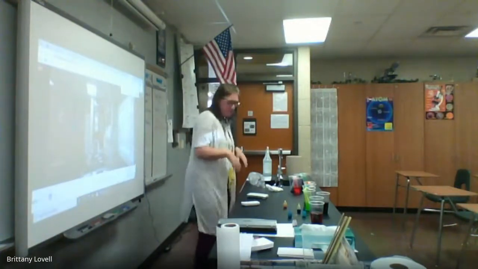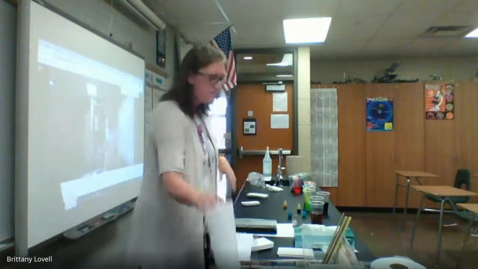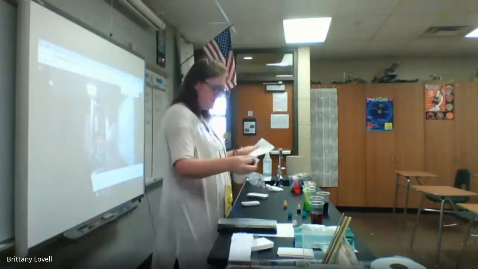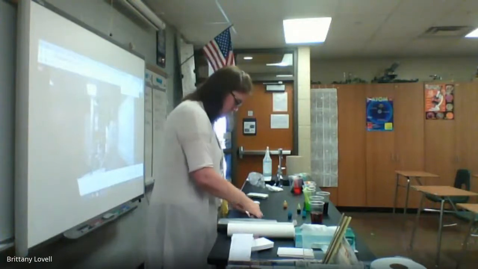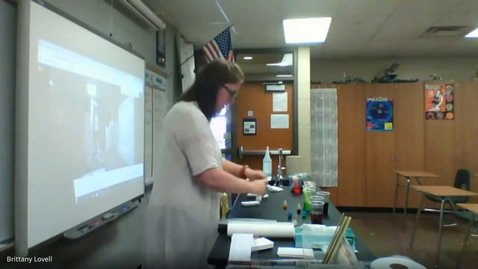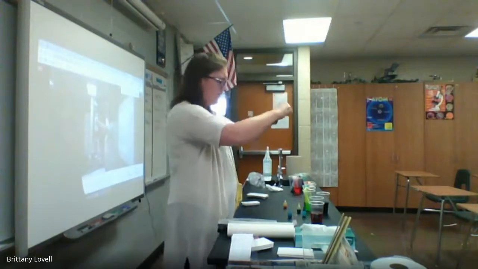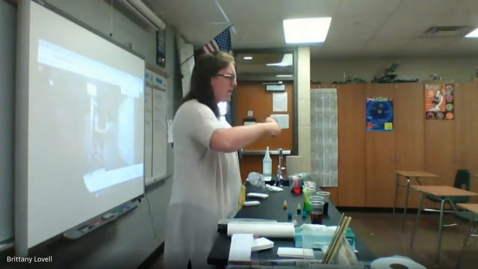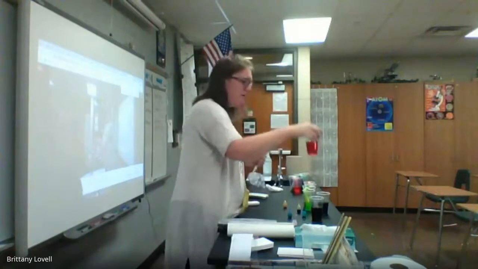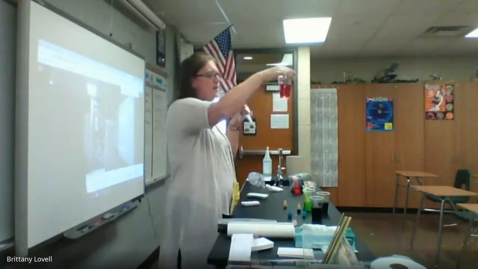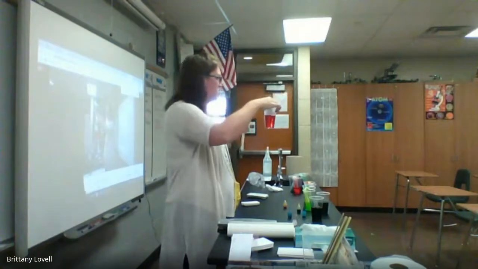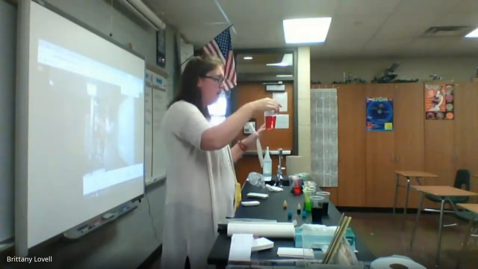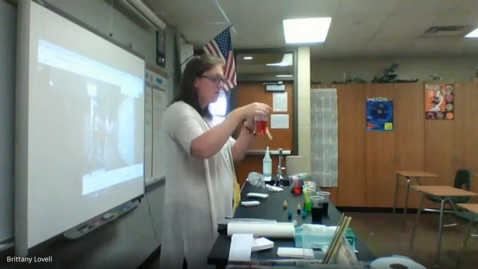So for instance, if you have like a paper towel, which I happen to have, okay, I'm going to roll this up. And what we're talking about today, though, is if this is a mixture, I'm going to try to separate the mixture. Okay, I want to see if I can separate it into either just water and color or separate the colors that are in there.